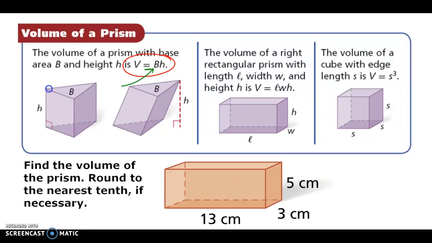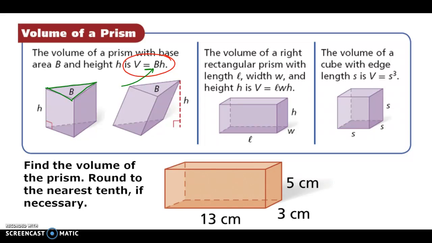So in this example, what is our base? What would our capital B be in this example? What shape is the capital B? Triangle. What's the area? Base times height divided by 2. So you've got to remember what that capital B changes into.